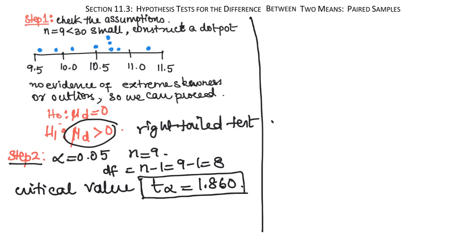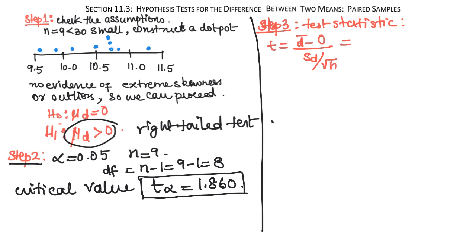Now let's compute the test statistic. So step 3 is the test statistic. We can use the formula d bar minus 0 over SD divided by square root of n. We can use the calculator to find the mean and standard deviation of these data.